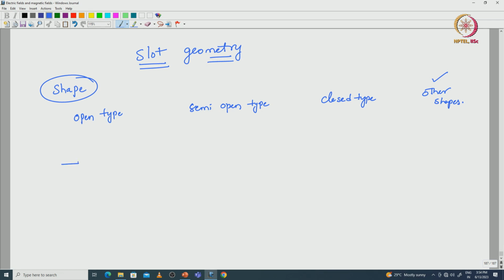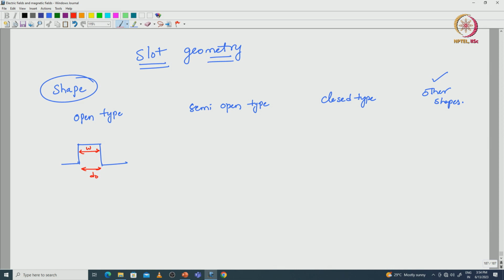Open type of slot is nothing but the slot width as well as slot opening both are same. We can see here this is the slot width, that is W, and slot opening is D naught, both are same.